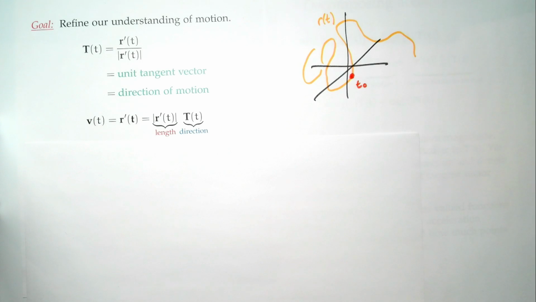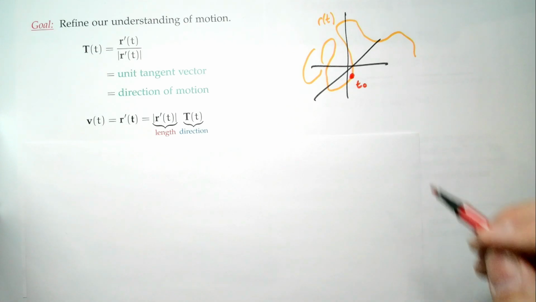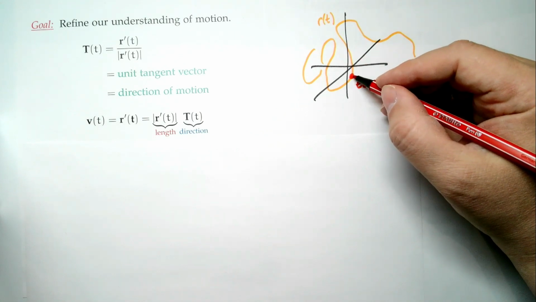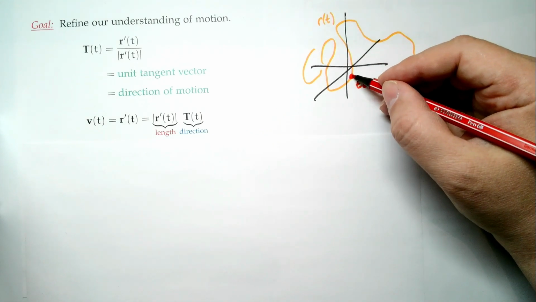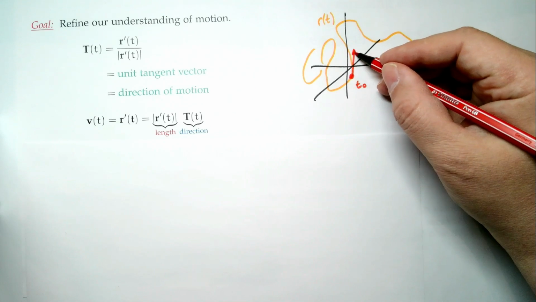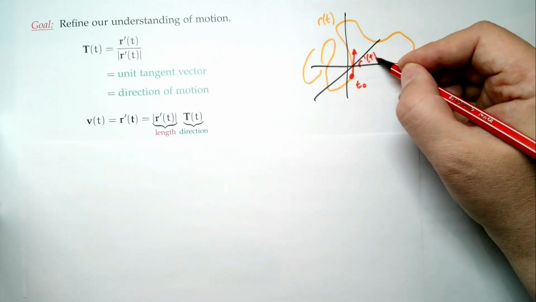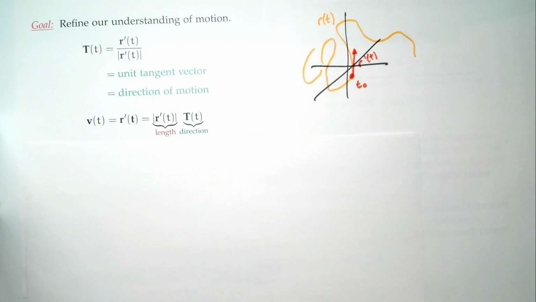There's the speed at which the particle is going, and we saw last time that we can use speed to find distance. But there's a second aspect, which is direction. So we can look at the tangent line, but in particular, if we look at r prime of t, that's the direction of the tangent line. That's pointing in the motion that the particle is currently going.